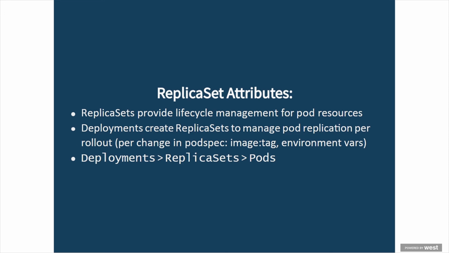Replica set attributes. Replica sets provide lifecycle management for pod resources. This sounds very similar to what I just described with deployments. The main difference is deployments create replica sets to manage pod replication per rollout or per change in image tag, per change in pod spec, per change in environment variables.